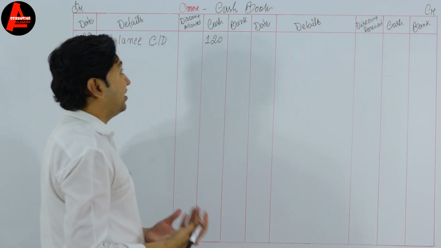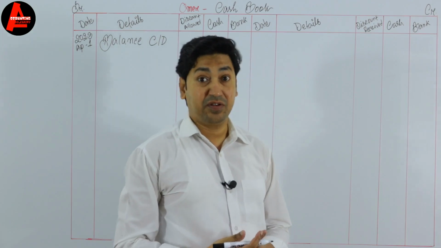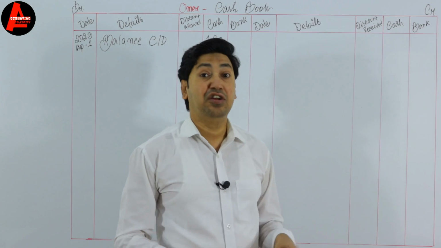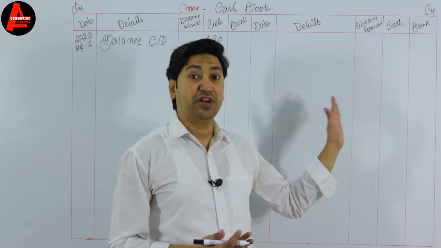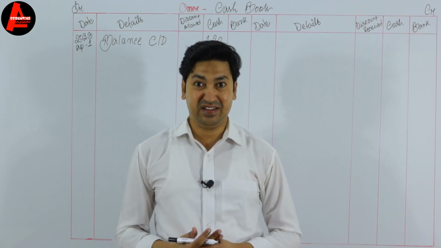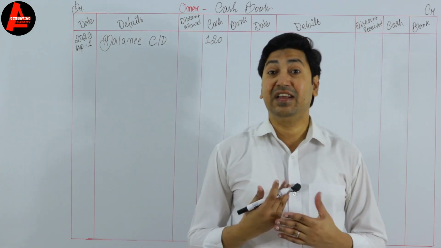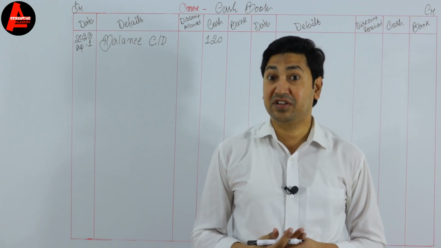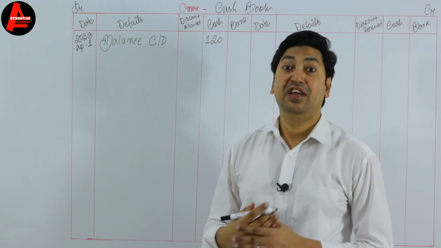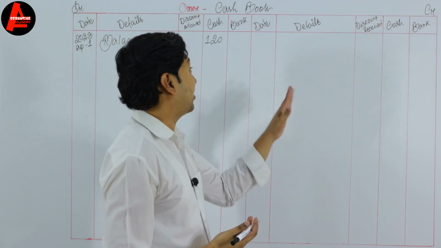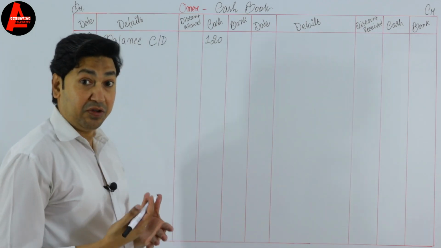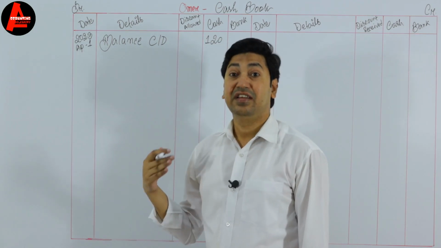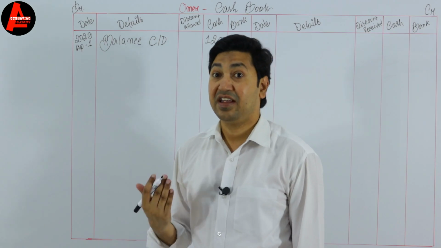The bank balance is also given, but it is not on the debit side, it is on the credit side. When the bank balance is on the credit side, what does it mean? It means it is a bank overdraft. It is a liability for the business owner. So here we will write the bank balance on the credit side, but you may see a bank balance on the debit side. If it is on the debit side, it means it is your current asset.